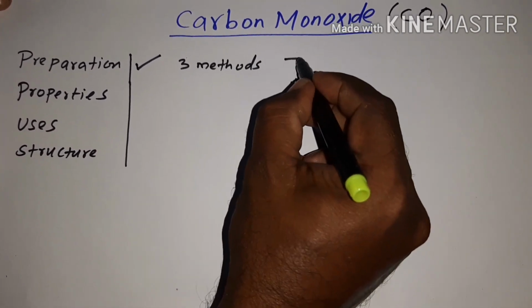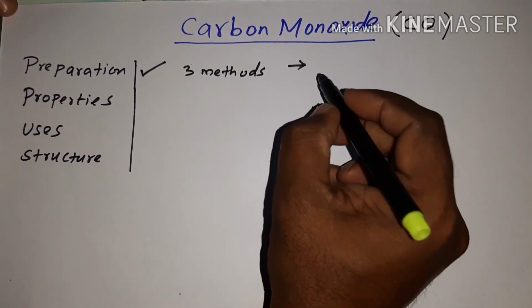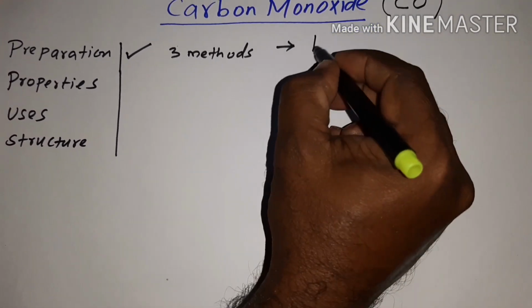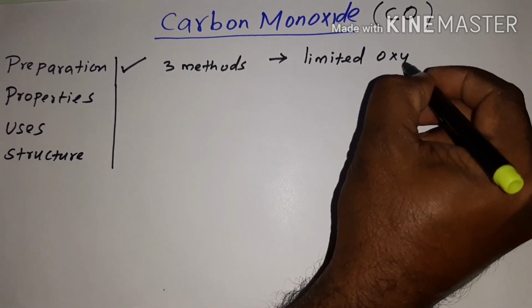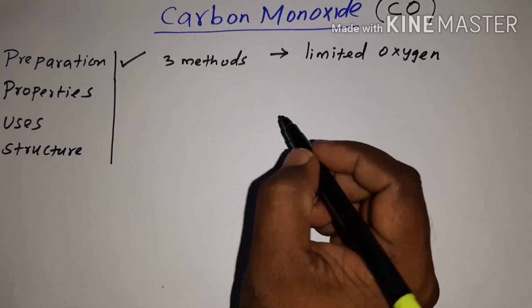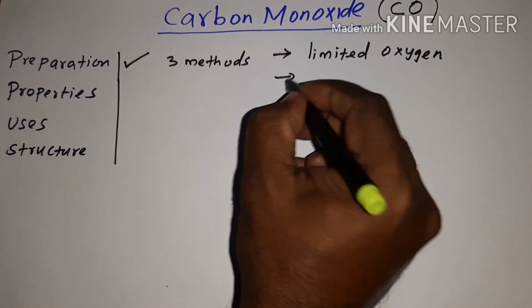First method is reaction of carbon with limited amount of oxygen. Then second method is industrial scale.